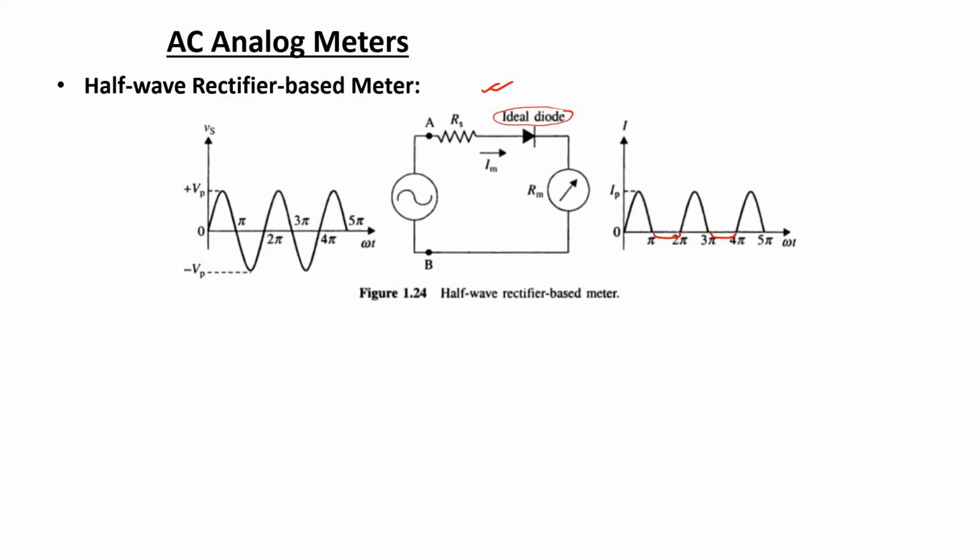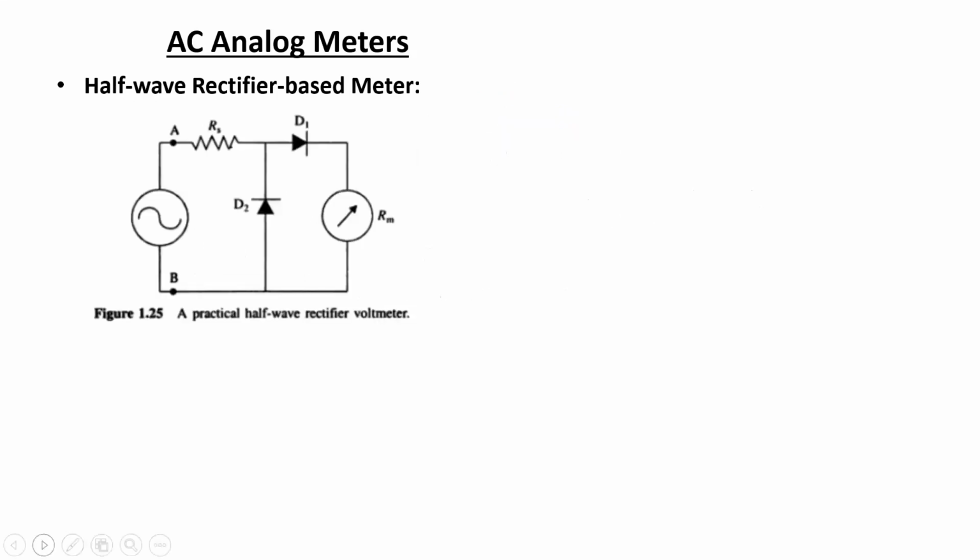So in order to solve these two issues, the problems associated with the negative half cycle, another diode D2 is placed as shown in this particular diagram. It is going to work sort of as a freewheeling diode. During the negative half cycle, this second diode D2 will become forward biased and start conducting the current.